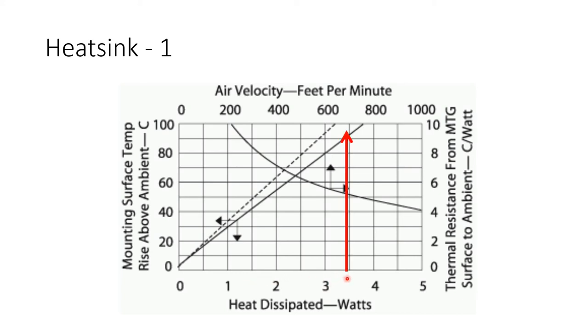We are going to be dissipating 3.4 watts of power using this heatsink. So we go up the y-axis and reach this point, and from this point we go to the temperature rise, and we can see that it's around 95 Celsius of temperature rise if we use this heatsink.